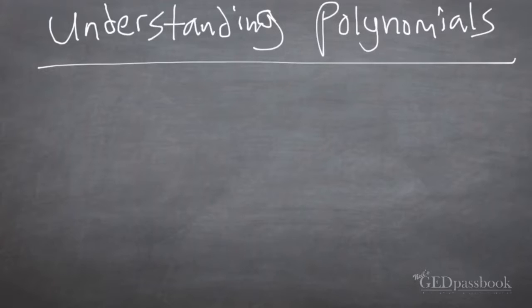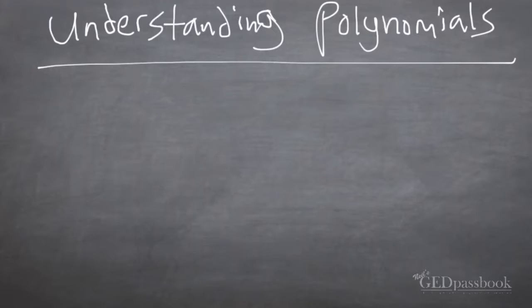You need to know what could be combined, and pretty much how the terms are distinguished from one another. You got to spot these things, and the only way to do it is by understanding polynomials.